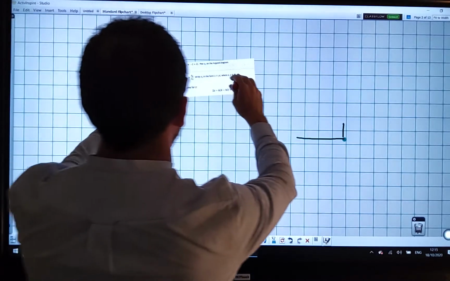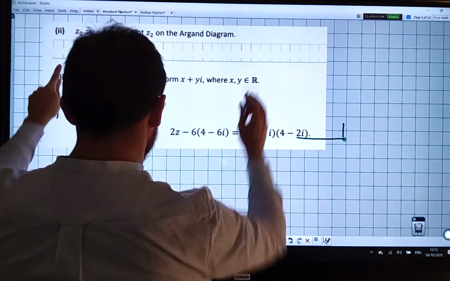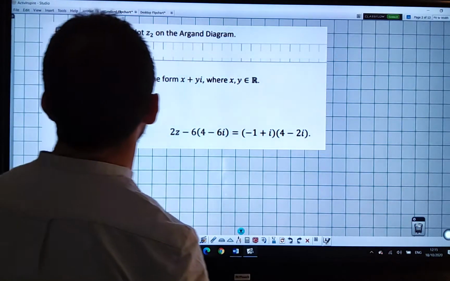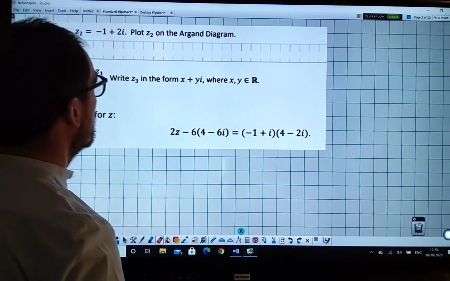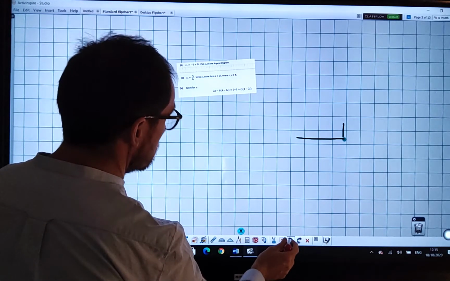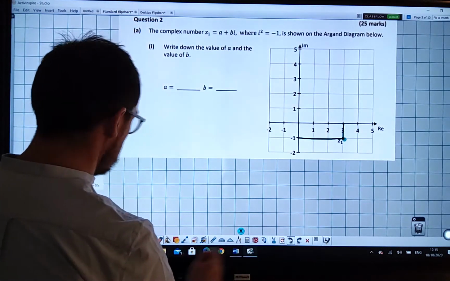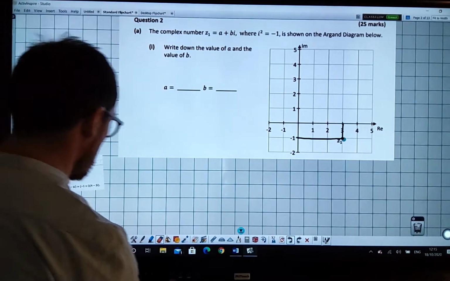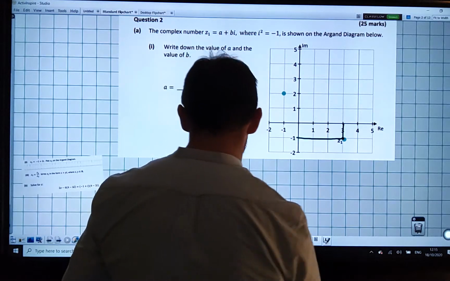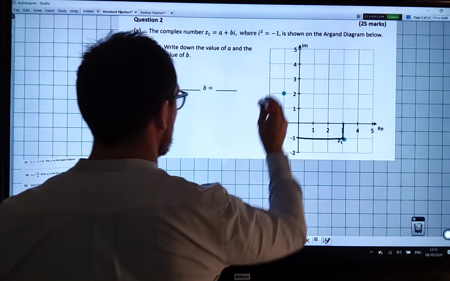And then for this part here, okay. Now, it says plot z2 on the Argand diagram. So if you just plot that on the Argand diagram, okay, so it says plot minus 1 plus 2i. So minus 1 plus 2i is there, and that will be z2.